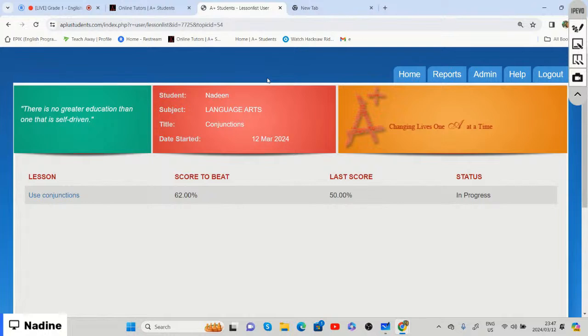All right. So that is now the end of our lesson on conjunctions. We said a conjunction either puts words or sentences together, and the conjunctions that we use are words like and, but, or, so.